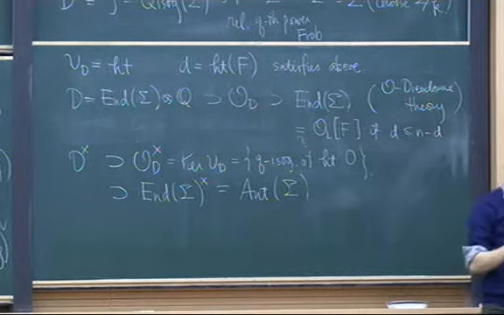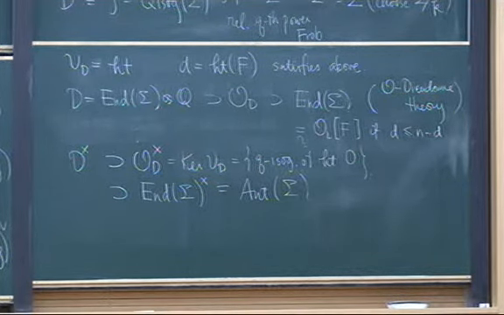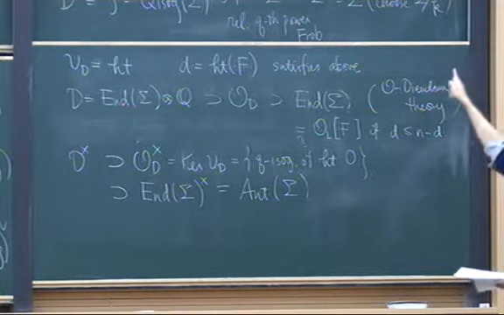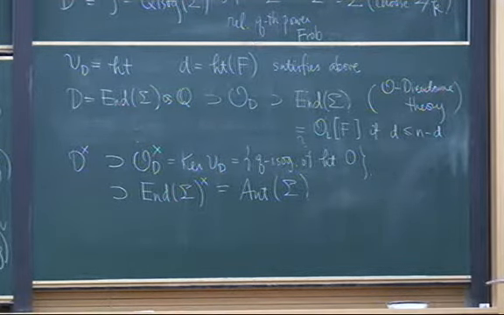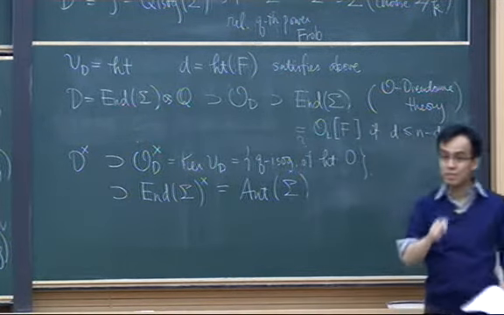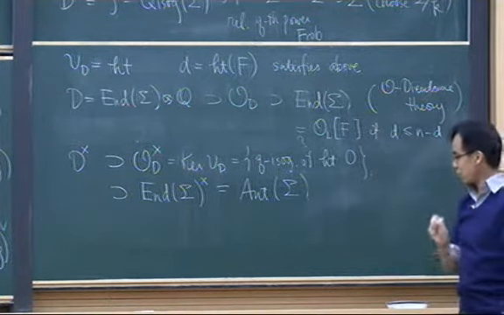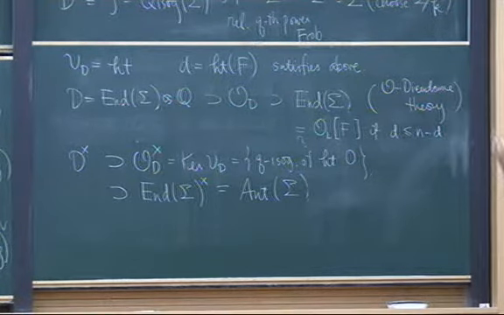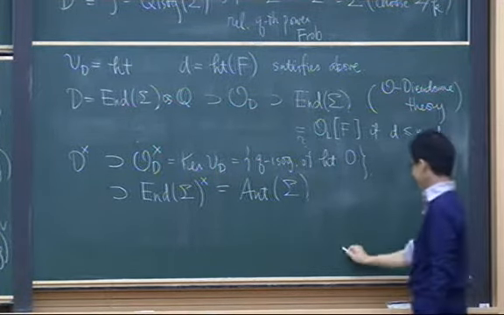And inside, I have End sigma cross, which is the automorphism group of sigma. Okay. Above, yes, the normalizer of L cross maps surjectively to the Galois group, or something like that.